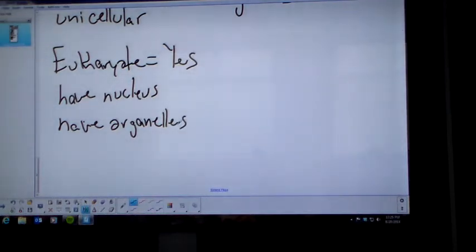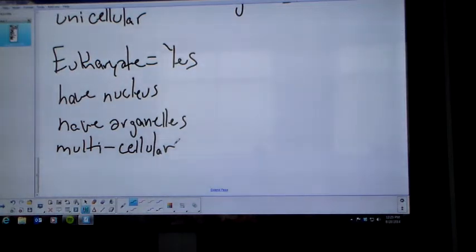Some of these can be unicellular, but the majority of them are multicellular. So they're complex. And this is pretty much everything you can see with your naked eye. Like an egg. Yes.